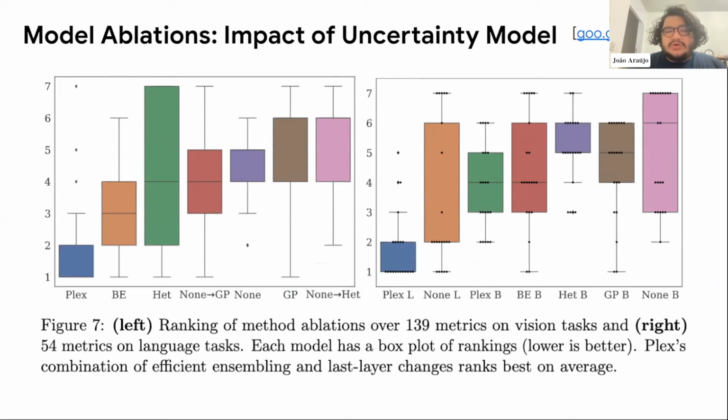So my question is, how much do you think this is another situation where just scaling up the models, you can pretty much get the same improvements in the many uncertainty metrics as you get from using the special stuff in Plex?